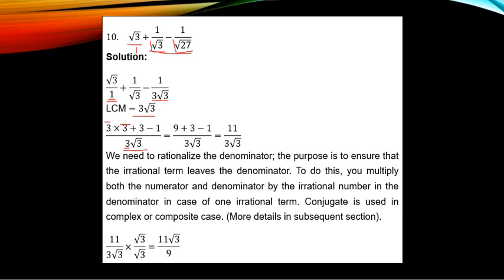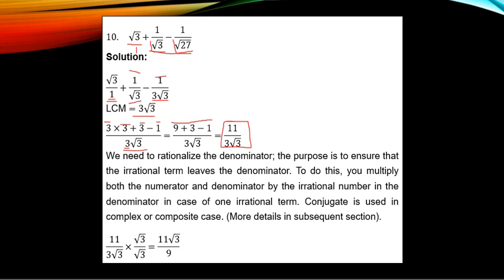If you divide 3 root 3 by this root 3, you have 3 remaining, times 1. Times this 1, you have 3. You divide 3 root 3 by 3 root 3, you have 1. 1 times numerator 1, you have 1. So 3 times 3 is 9, minus 3 plus 1. That is 11 over 3 root 3.